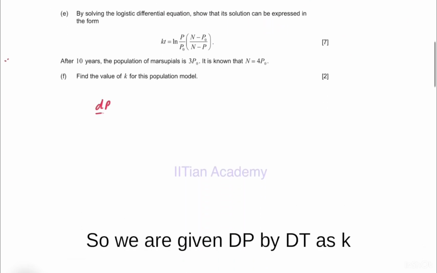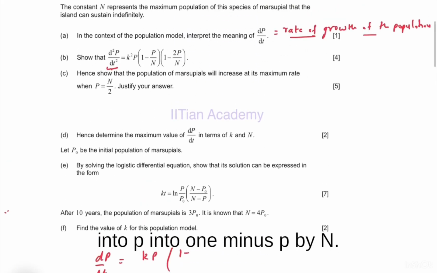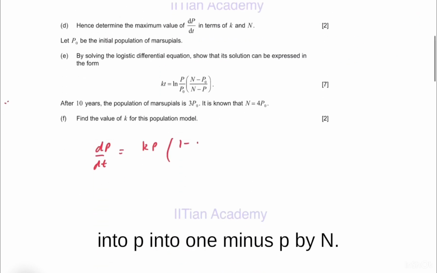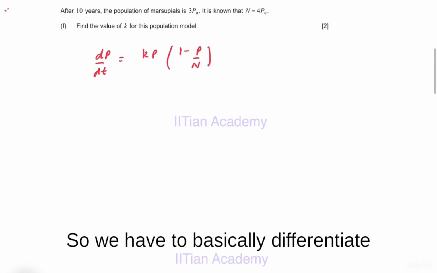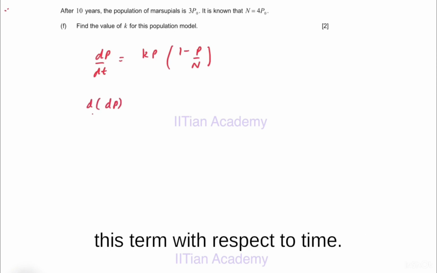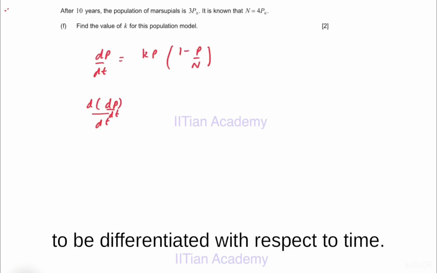So we are given dP by dt as K into P into 1 minus P by N. So we have to basically differentiate this term with respect to time.